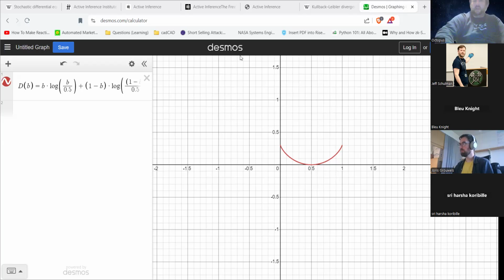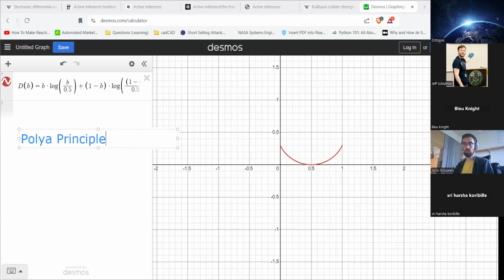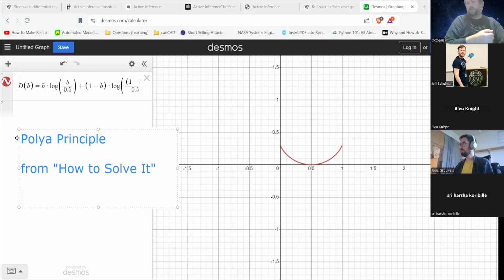And that is called the Polya principle. It's named after George Polya, who wrote How to Solve It. He said, if there's a problem you don't feel comfortable with, there's a smaller problem that's related that you do feel comfortable with, and you can solve that one instead as a starting point.